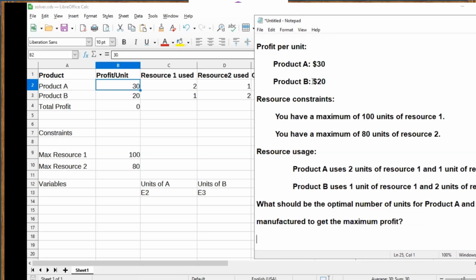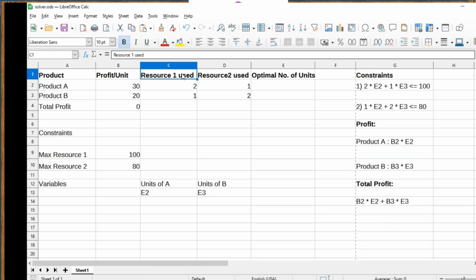Profit per unit of Product B is entered in cell B3. Maximum unit of available resources.